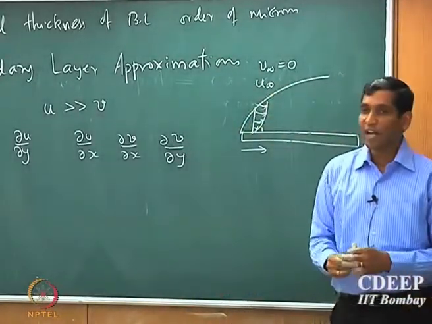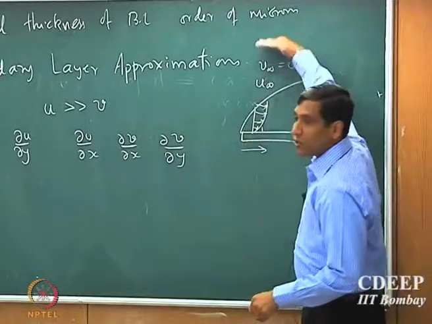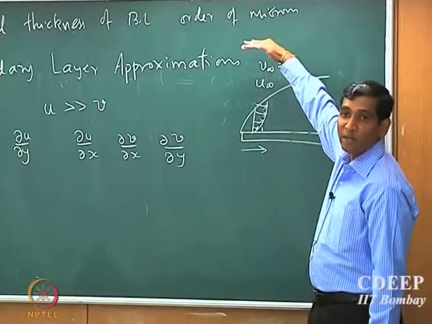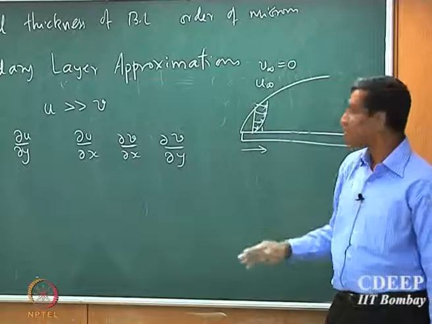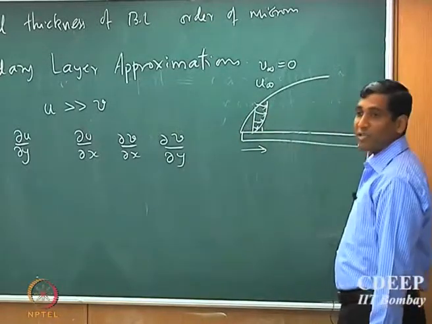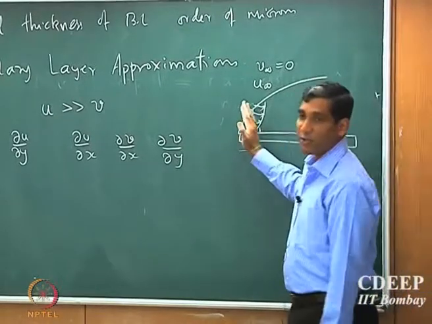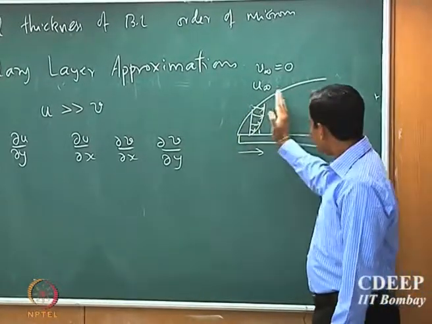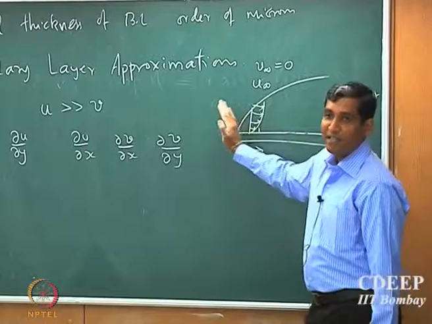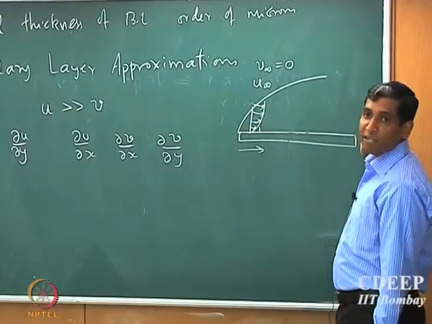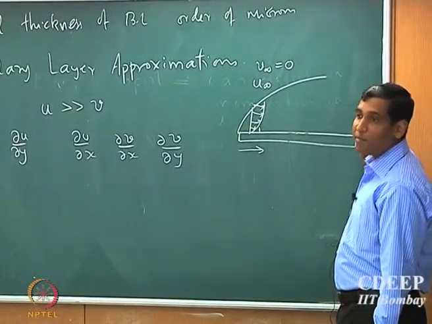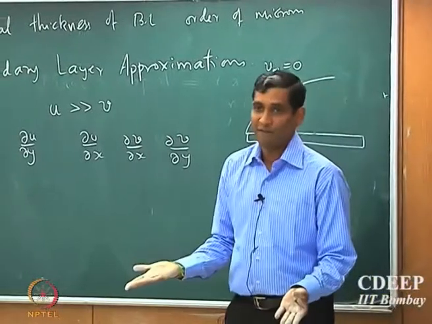Therefore because of that retardation, the gradients in the y direction of the x component velocity are going to be much larger than the gradients in the x direction itself. The reason is that the retardation that might occur in the x direction of the x component velocity is only because of the shear of the fluid itself.